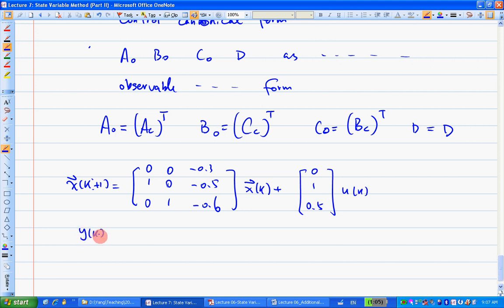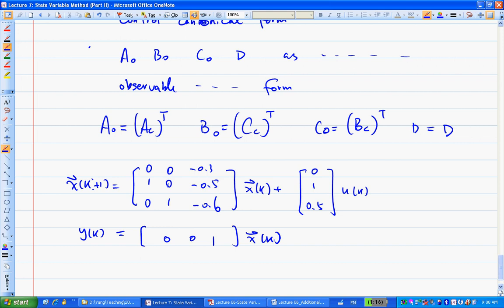And Y is transpose BC, so 0, 0, 1 here, x of k. So this is the observable canonical form.